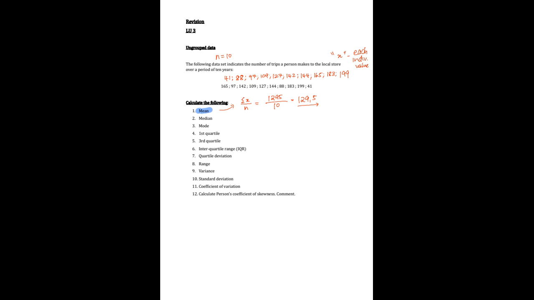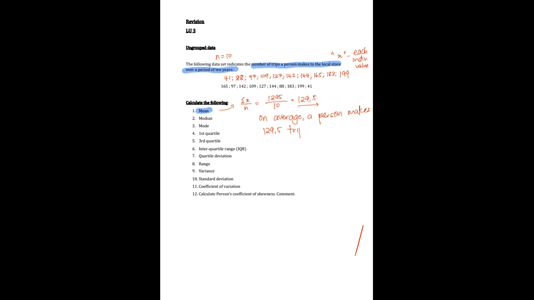So for example, since this was looking at the number of trips that a person makes to the local store over a period of 10 years, all you're going to say is that on average, so I'm just going to write it at the bottom here, on average, a person makes 129.5 trips to the local store.